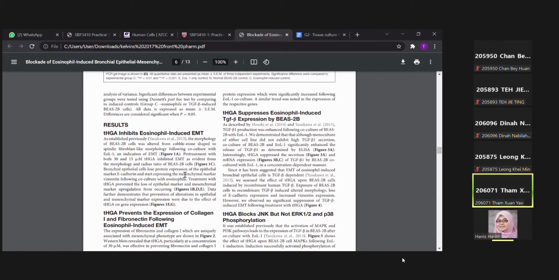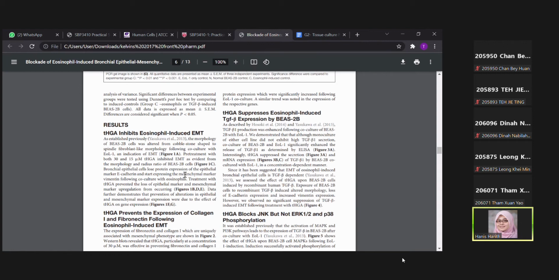Okay, so BS2B cells will only undergo EMT after they are induced with something. In this case, they are using the EOL1 or eosinophil cell line to induce EMT in BS2B cells. How do they know that eosinophils have induced EMT?